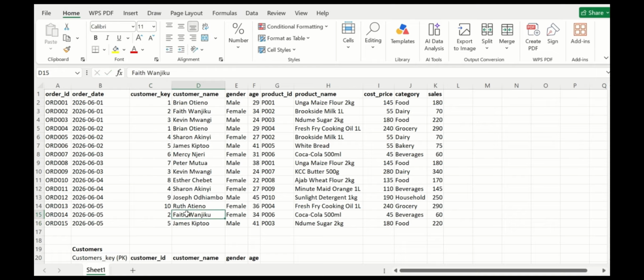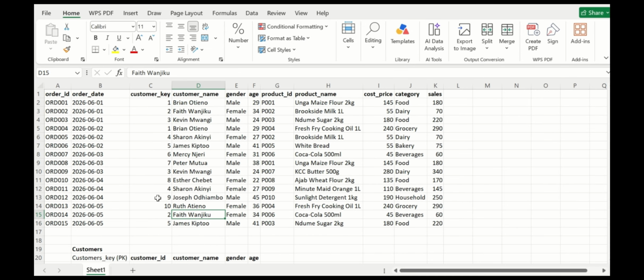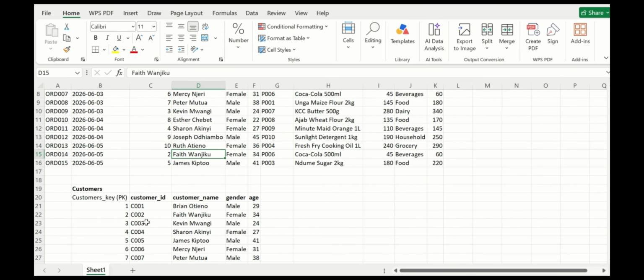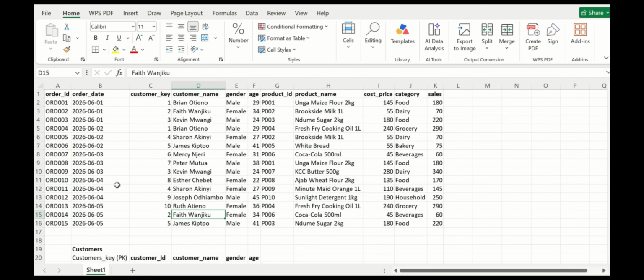Yeah, so we have our customer key populated into these orders, or we've replaced the customer ID with their respective customer key.